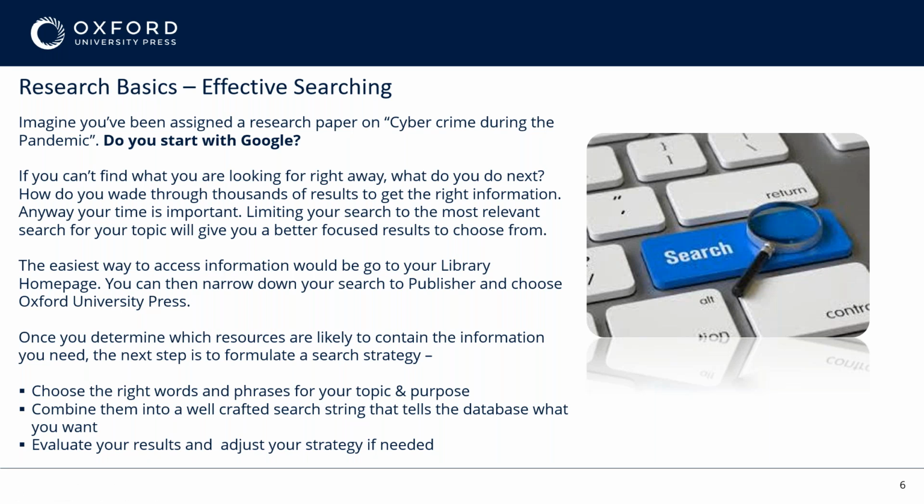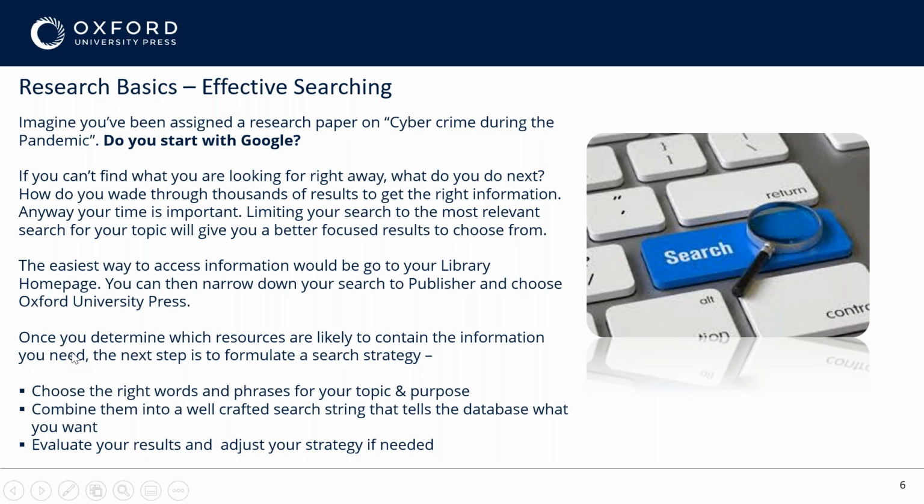You have information from Oxford, you have information from Wiley, you have content from Elsevier, you have content from Lippincott, different publishers. I, as an Oxford trainer, would say you go and choose Oxford University Press because you will get the right information. Go to your library homepage and just choose Oxford University Press.